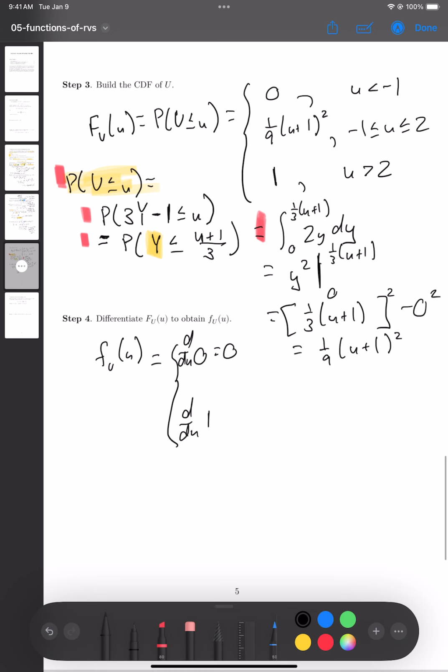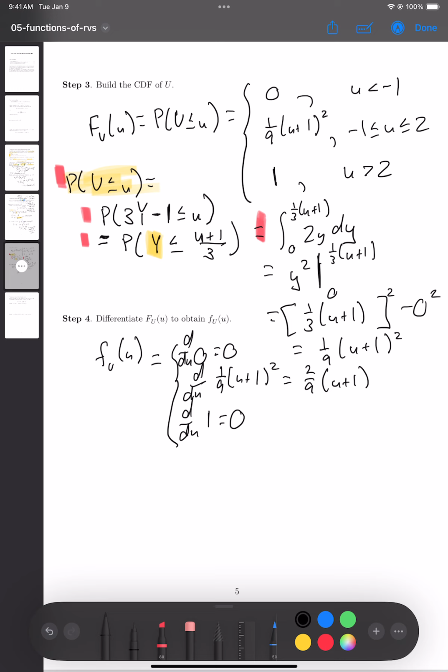Differentiating 1 is also a constant, so I get 0. The work is then differentiating the middle piece, and that is going to be 2/9 times (u plus 1). You could do that by hand, or you could do it with ChatGPT, whatever floats your boat.